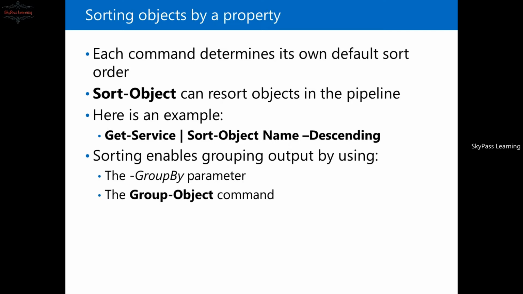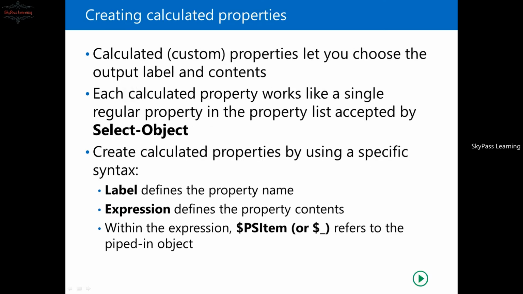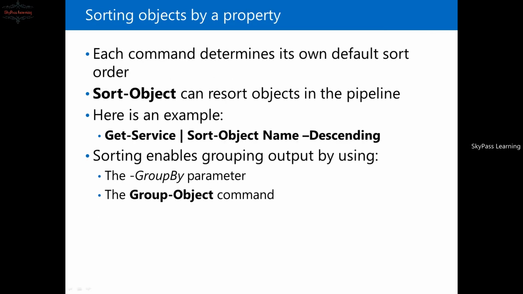Okay, just going back to the next. We can sort the object by a specific name or a specific format type, in descending or ascending order, with the parameter. Here you can see Get-Service | Sort-Object, and by name it's asking to sort. Let me quickly show this also.